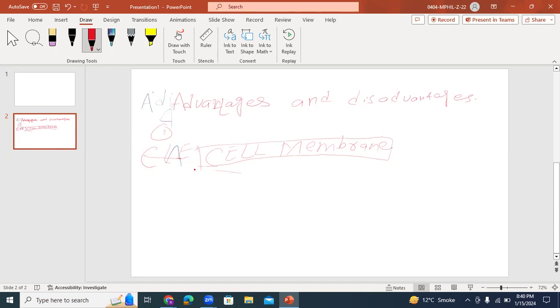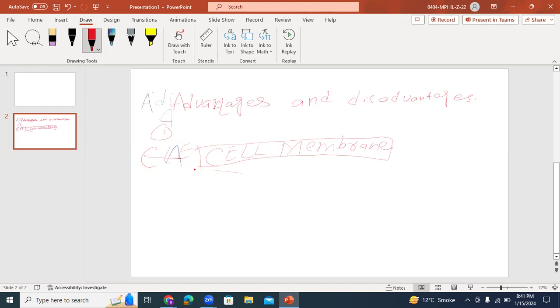Cell membrane is the outermost boundary in case of animal cells. And this cell membrane is the second outermost boundary in case of plant cells, and the cell wall is present in the plant cell because that is the outermost layer in case of the plant cell.